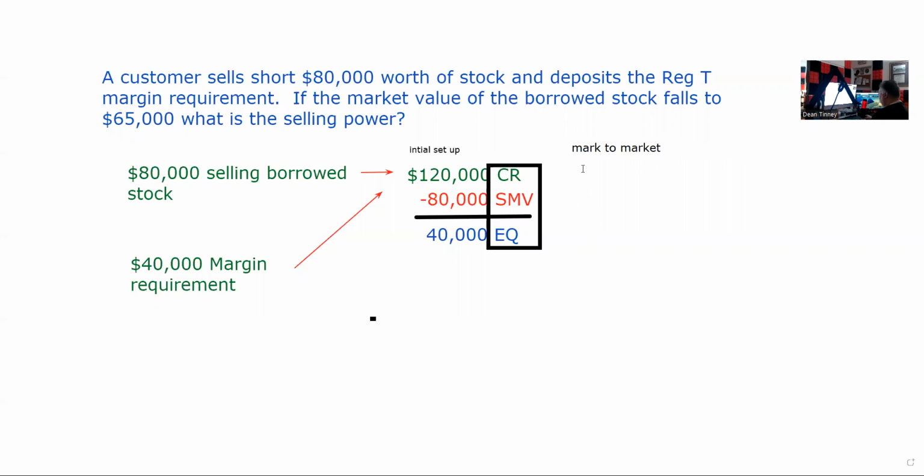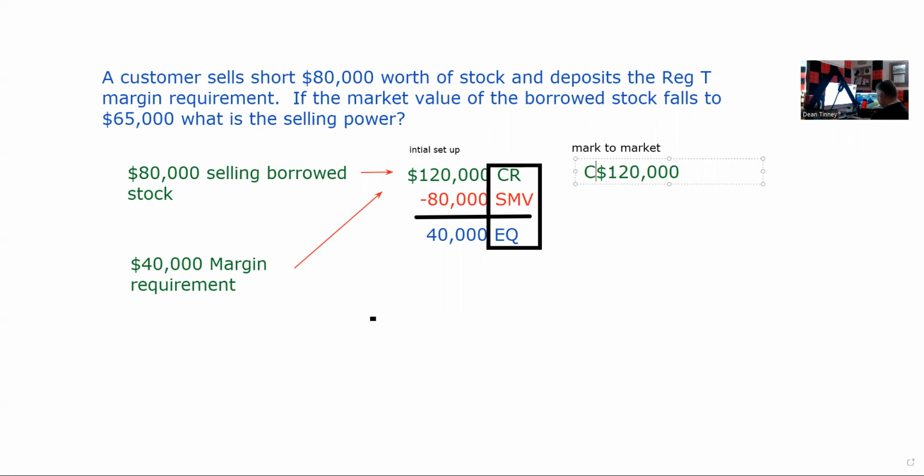So after this falls to 65,000, we still have 120,000 in cash in our account. As I said, this is where most people get hung up. Where did that 120,000 come from? It came from selling the borrowed stock, 80 grand, plus the 40 grand we had to put with it.